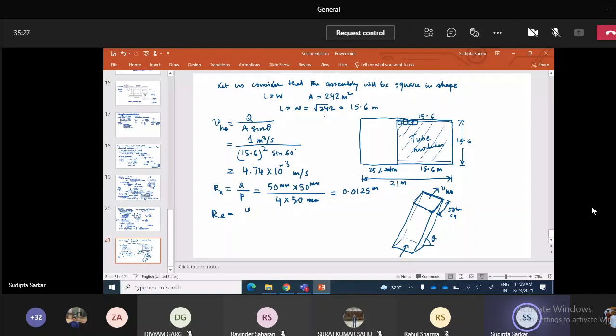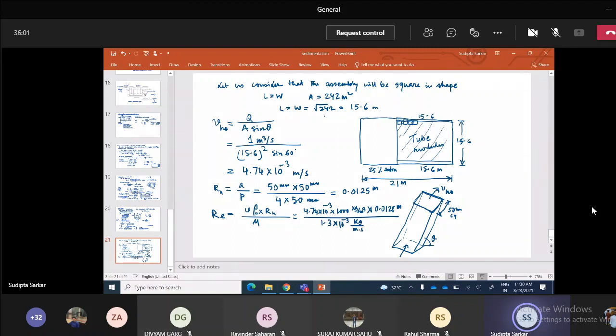So you can plug in the numbers. This is 4.74 times 10 to the minus 3, into rho W, which is 1000 kg per meter cube, times 0.0125 meter, divided by 1.3 into 10 to the minus 3 kg per meter per second.